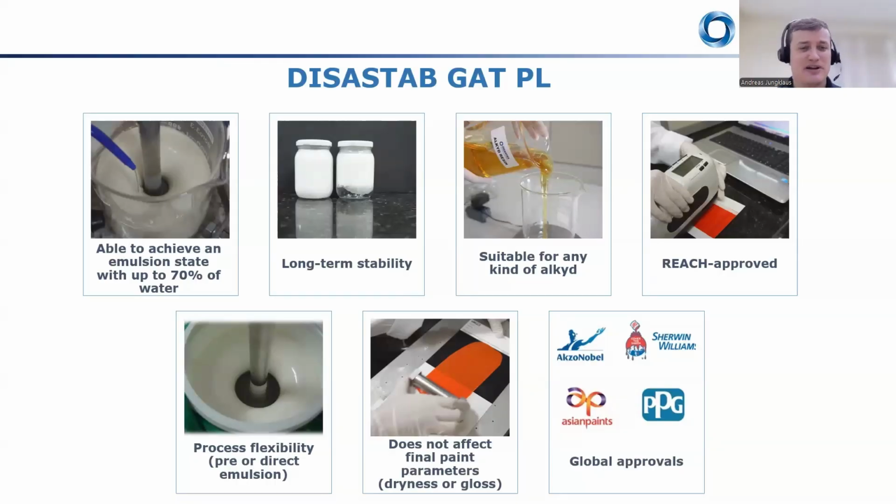It's validated by leading global paint companies to whom Disamtex already sells. We are present in some of the main well-known paint factories you could think of. So GTPL is trusted by top-tier brands, which supports the performance, credibility, and quality of this product.